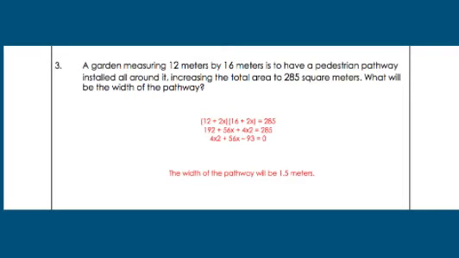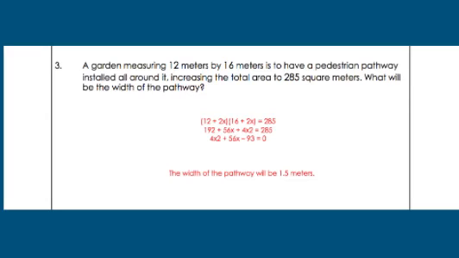So the first thing I need to do is to draw a picture. Since I don't know how wide the path will be, I'll label the width as x. You can see the total width will be x plus 12 plus x equals 12 plus 2x, and the total length will be x plus 16 plus x equals 16 plus 2x.